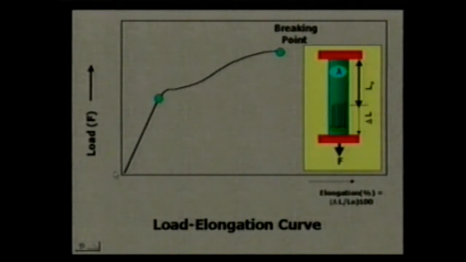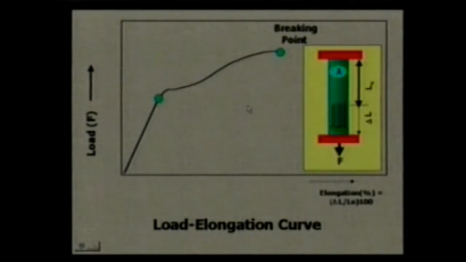Some material may follow a steep linear, non-linear effect. Others may go in a different direction. So we will see later on some examples of stress-strain or load elongation curves. But for right now, let us use this as our general reference of tensile load elongation curve.